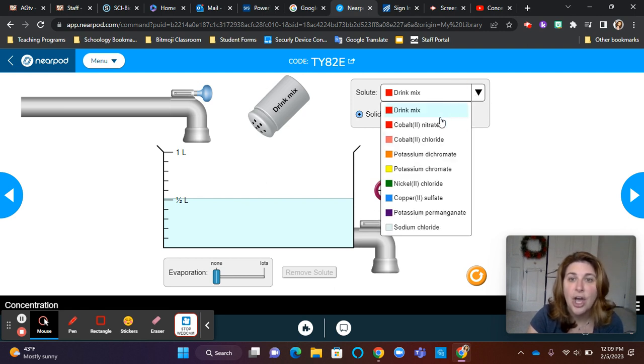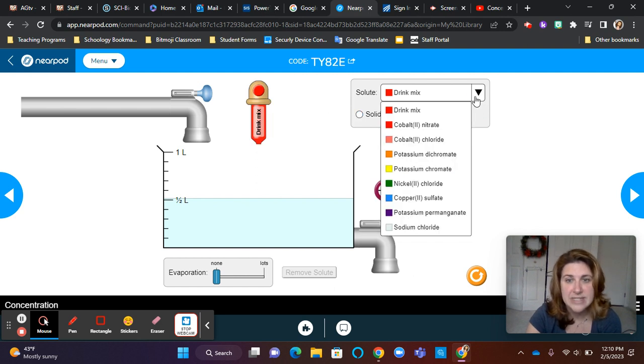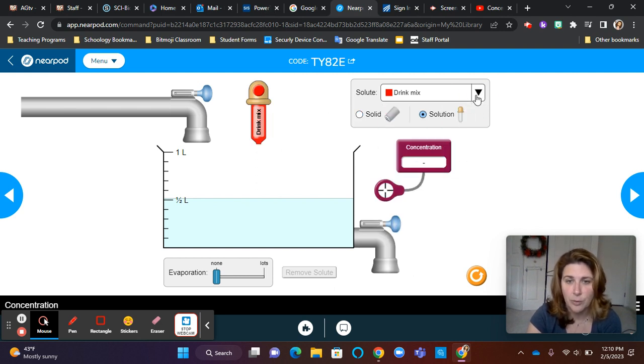You can add cobalt nitrate, cobalt chloride, potassium dichromate, potassium chromate, nickel chloride, copper sulfate, potassium permanganate, sodium chloride, that one is salt. They have solutes with different colors, so it'll look different. You can use the solid form of them, and it looks like it's in a salt shaker, or the liquid form of them. Same things, just solid or liquid form.